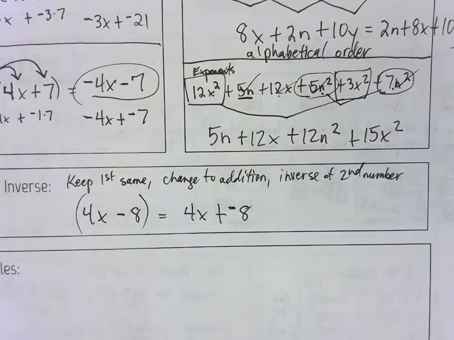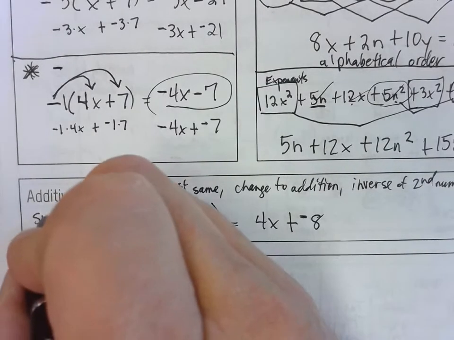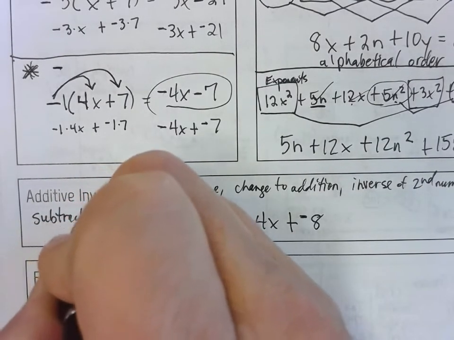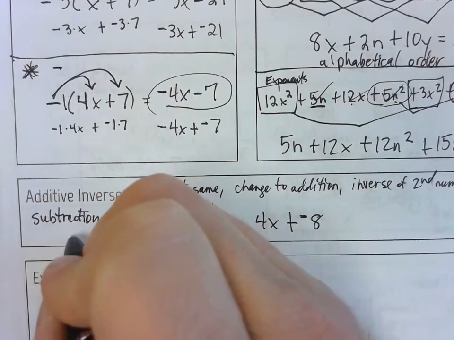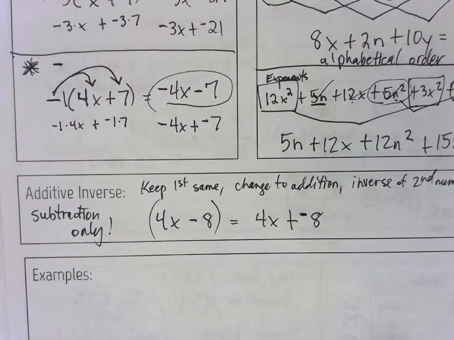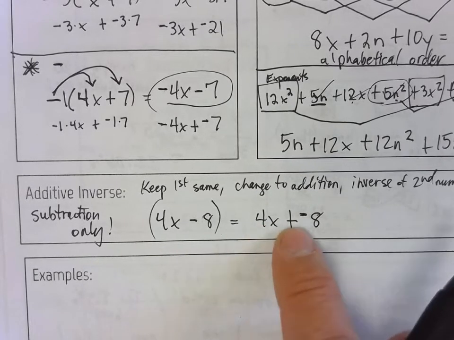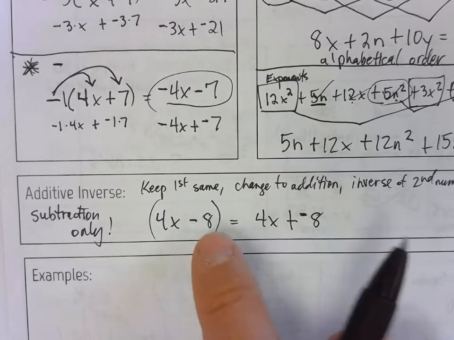So you can use additive inverse, and that would only be on what type of problems? Subtraction only. Don't do it to anything else but subtraction only. So if you got a subtract sign in there, you can do additive inverse. Keep the first number the same, change it to addition, take the opposite of the second number.